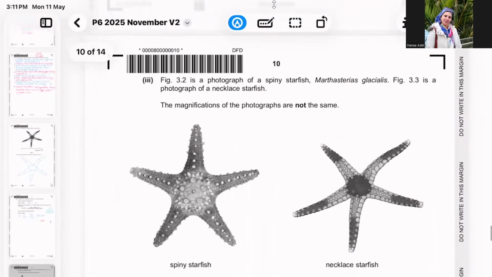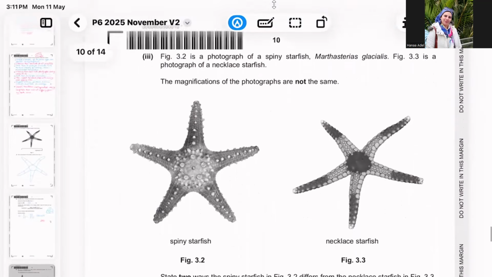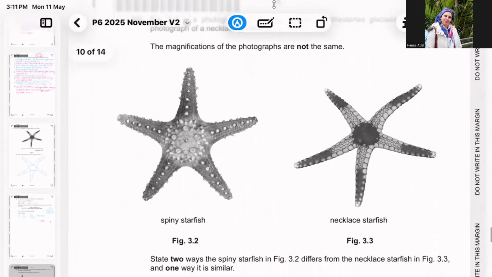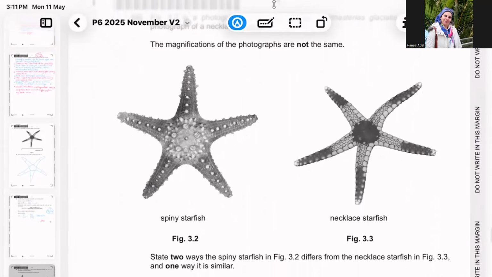Figure 3.2 is a photograph of a spiny starfish and a necklace starfish. State two ways the spiny starfish differs from the necklace starfish, and one way it is similar. So they ask us to write two differences and one similarity.